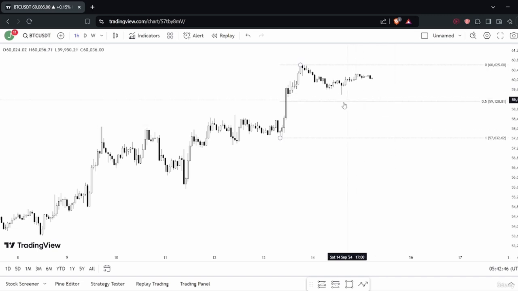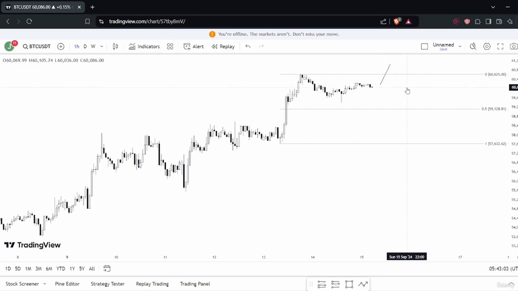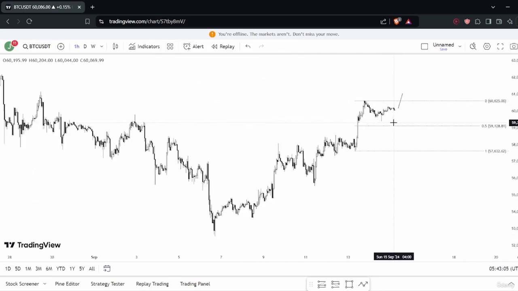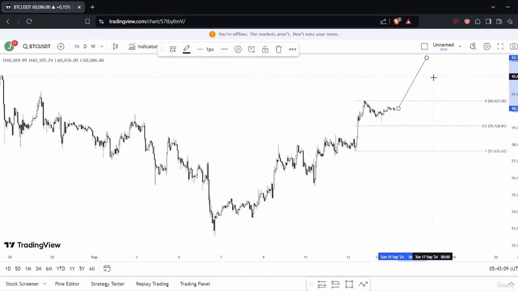Once price is cheap, we can start looking for entries all over here. Okay? We do not look for any entry here. Once price is here, no entries. Price can do whatever it wants. It can continue going higher. We do not care. We don't care if price continues and continues higher.